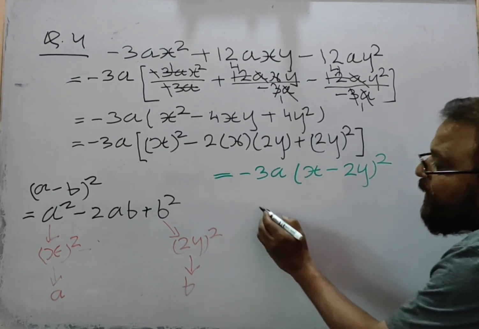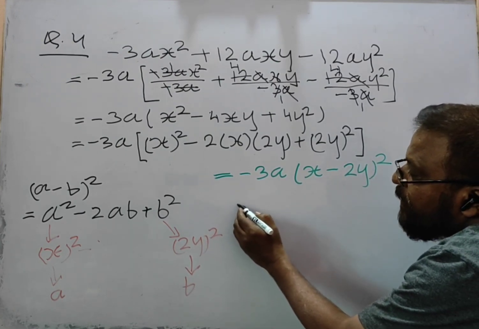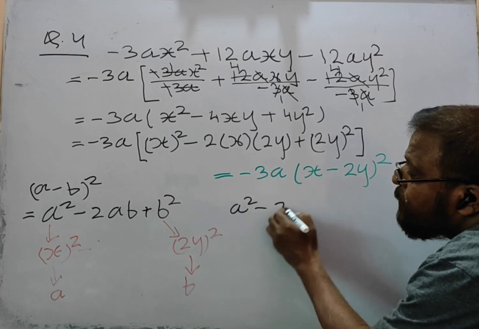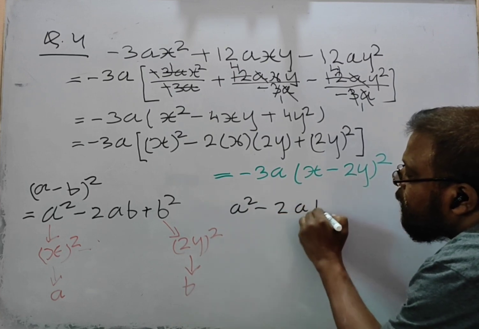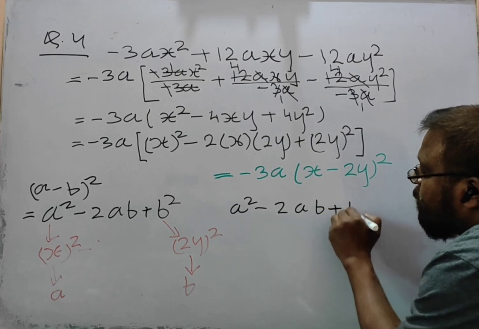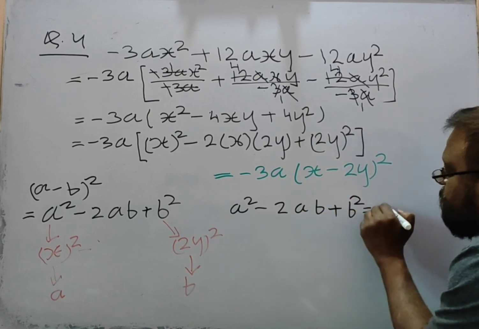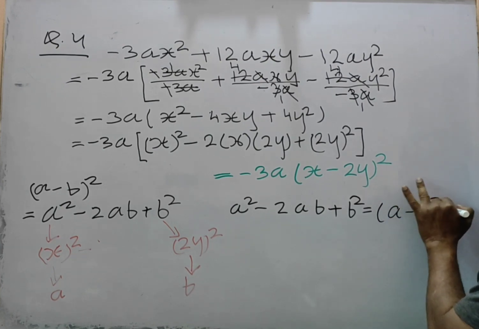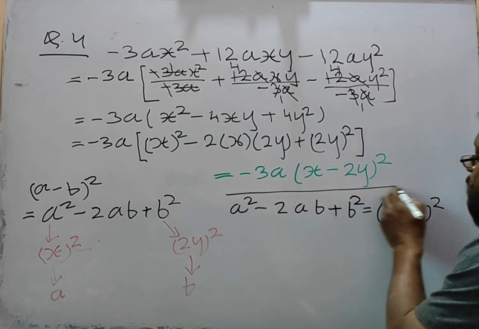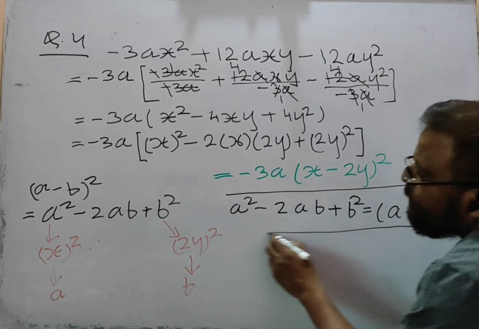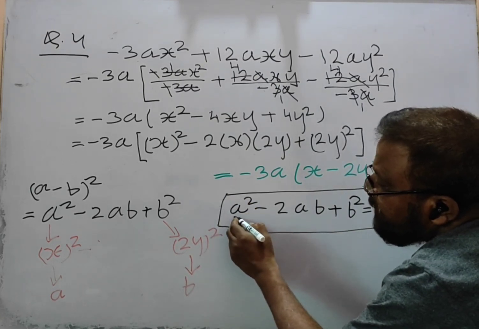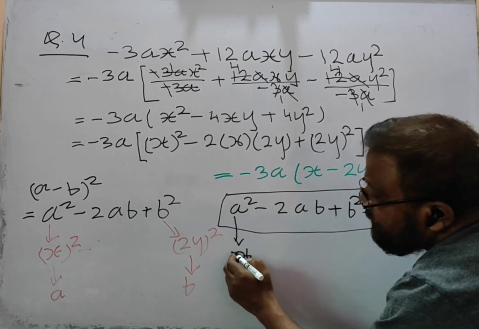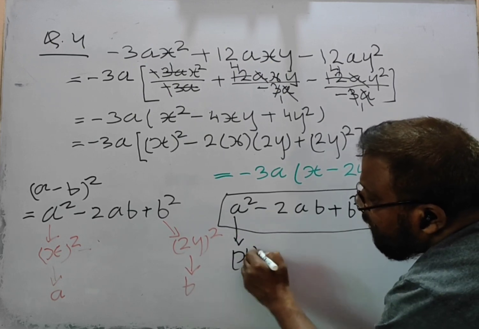We can write here a square minus 2ab plus b square becomes a minus b whole square. This is the algebraic identity we have. So we just put here, in place of a square we write x whole square.